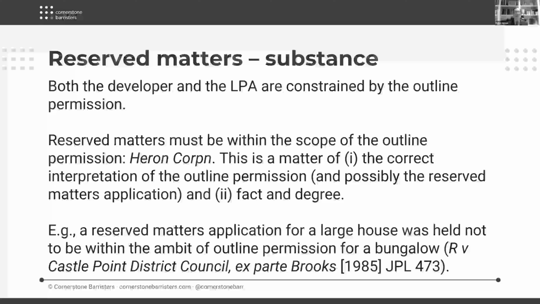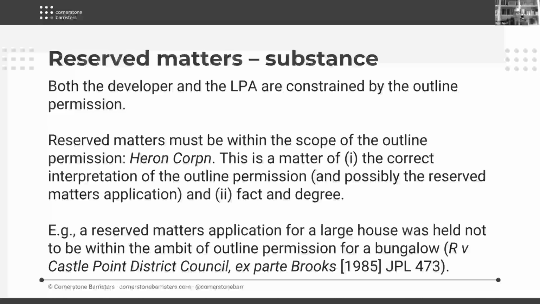Next slide. As for the substance of reserved matters, it's fair to say that the outline planning permission binds both the local planning authority and the developer. So far as the developer is concerned, that means that any reserved matters application must be within the scope or ambit of the outline planning permission.